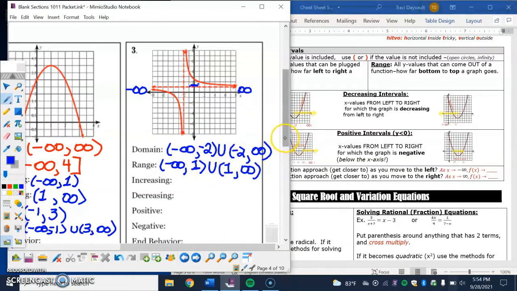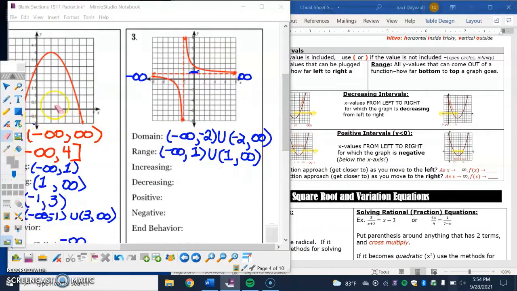Let's look at when it is increasing as we move from left to right. If I am moving from left to right here, is this increasing or decreasing? It is decreasing. Okay, what about up here? As I move from left to right, is this increasing or decreasing? It is always decreasing.